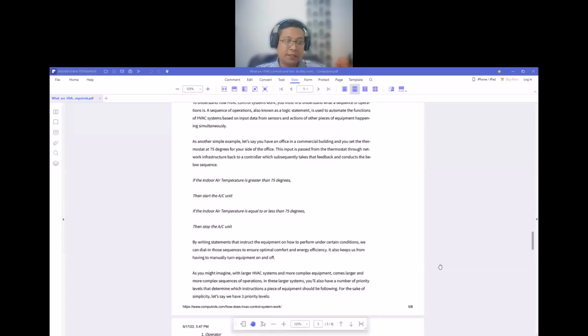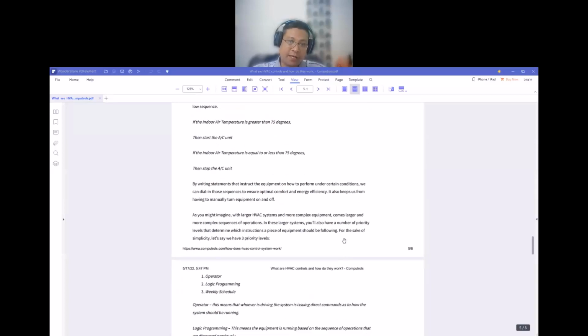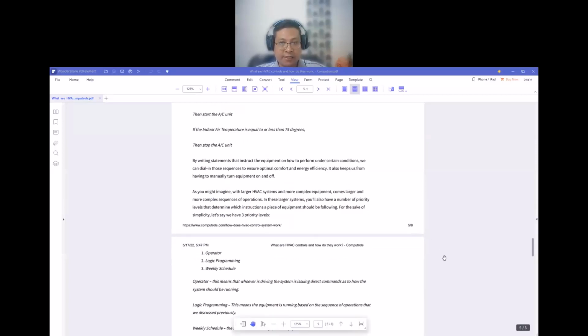This is a simulation of when the operation is activated. So what happens if the temperature is above 75? The aircon will be on. When the indoor temperature is equal to the setpoint, this is the sequence. The sequence happens in a cycle in the controlling system. By writing statements that instruct the equipment on how to perform under certain conditions, we can dial in those sequences to ensure optimal comfort and energy efficiency.